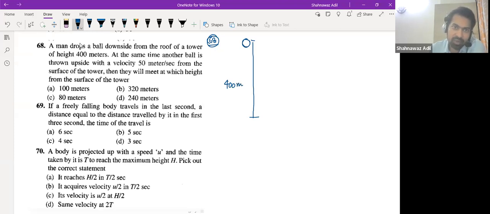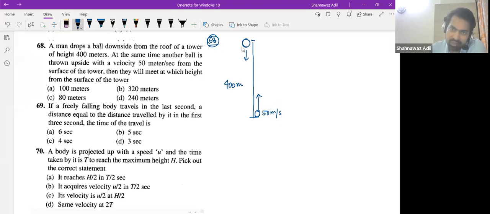At the same time, another ball is thrown upwards with a velocity of 50 meter per second.